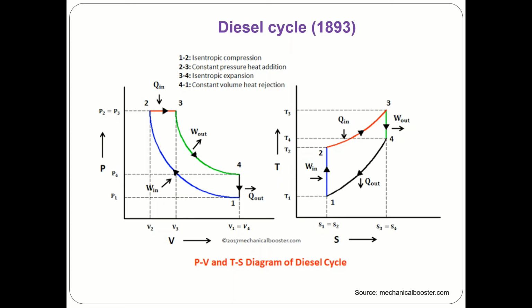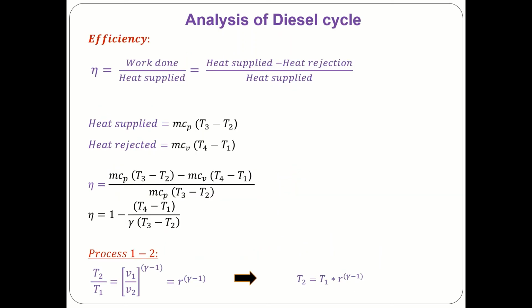Again, you do not have any suction and exhaust, because this is a closed system which we are considering in the analysis. So, in the analysis, again we can go with the same procedure: we need to calculate the efficiency, which is work done upon heat supplied, and heat supplied in this case is mCp into delta T, because here you have this constant pressure heat addition process.